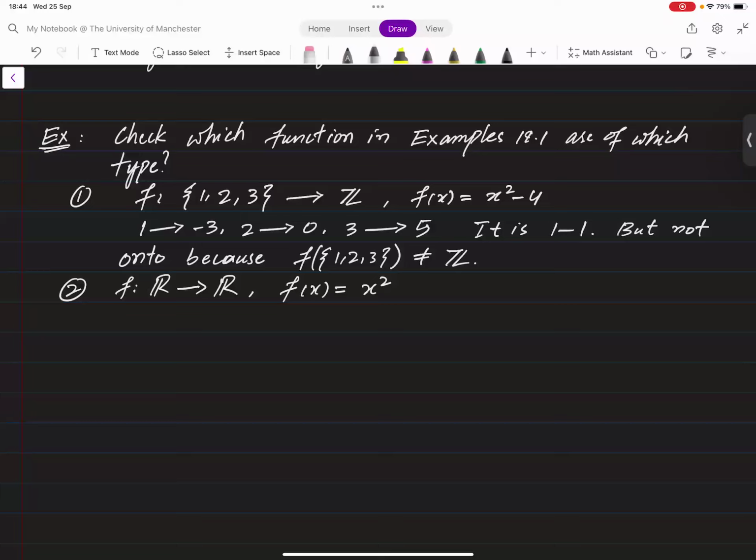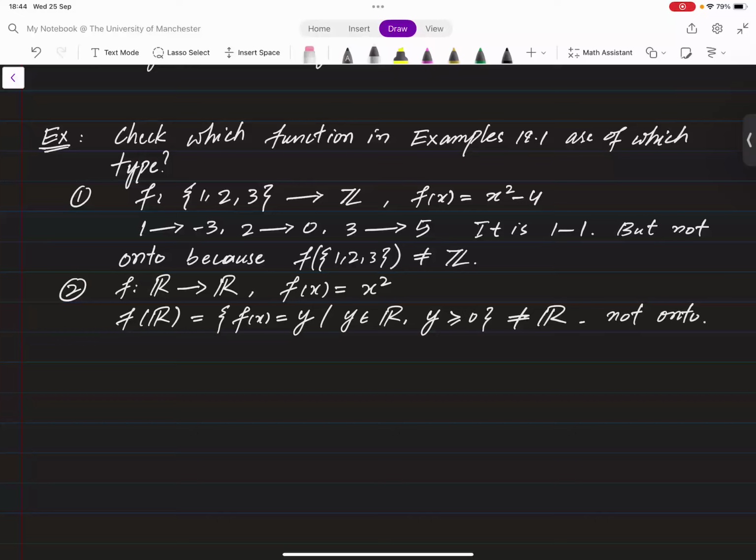Because the range of this function is f of x equals y, where y is a real number and y is greater than or equal to 0, which is clearly not all of the real numbers. So not onto. Second, f of 1 is 1, f of -1 is 1. So not 1-to-1.